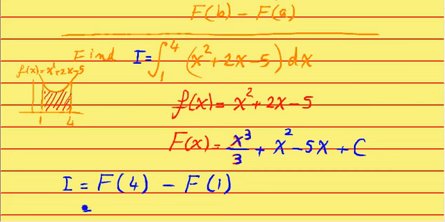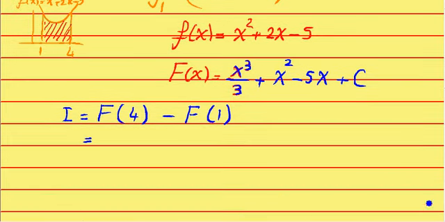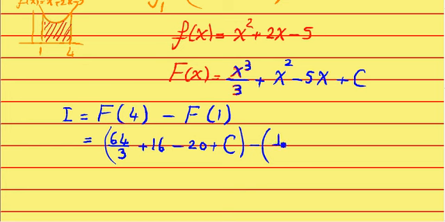So I put 4 in this, 4 cubed over 3, that is 64 thirds, plus 16, then minus 20, and our constant, and then I put 1 in this, so 1/3, plus 1 minus 5 plus that constant.